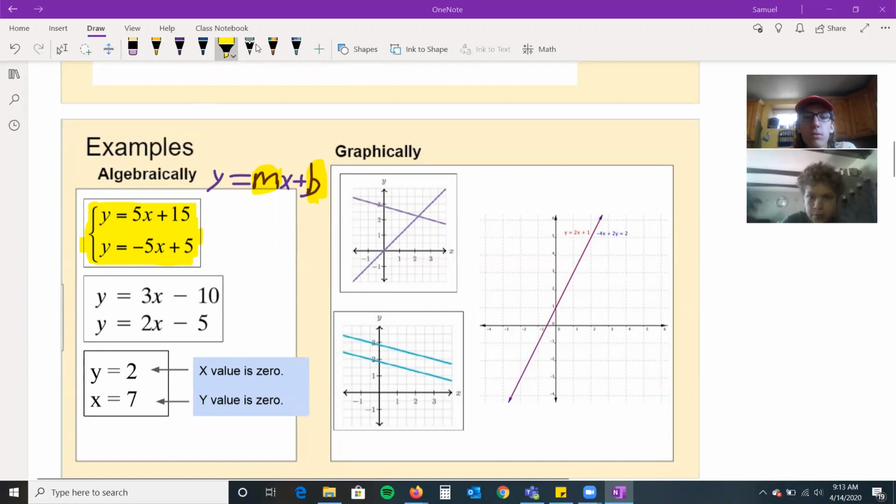I need to pause this just for a sec, guys. Yeah, so what does M represent? What does B represent? And Zeta, what do you guys think?